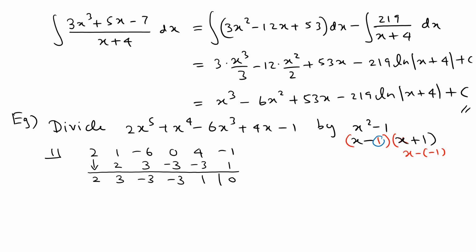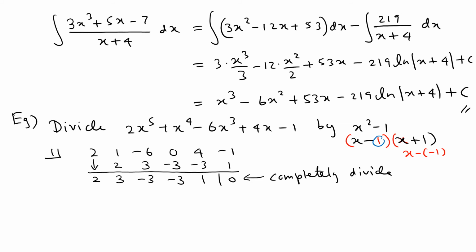Good, that means it divides completely. When you get a 0, that means no remainder. That means it works well.